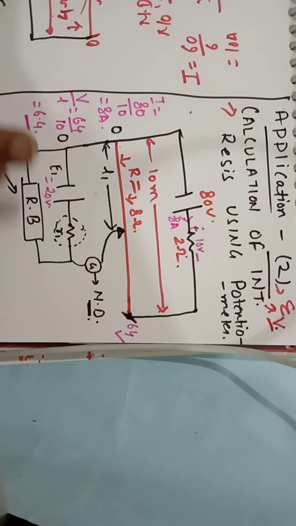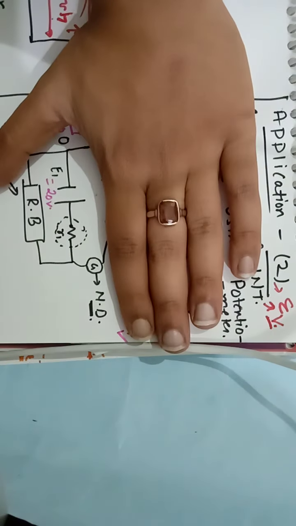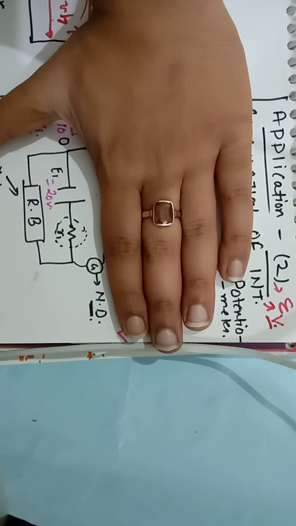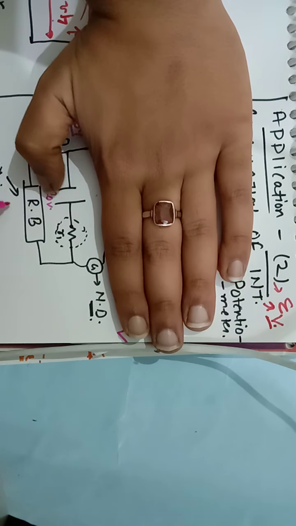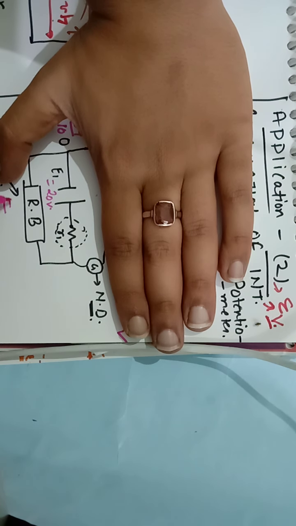We know E1. Now look, since these two circuits are separated, what will be the current over here? Since this is a known value, suppose you take it as 5 ohm.